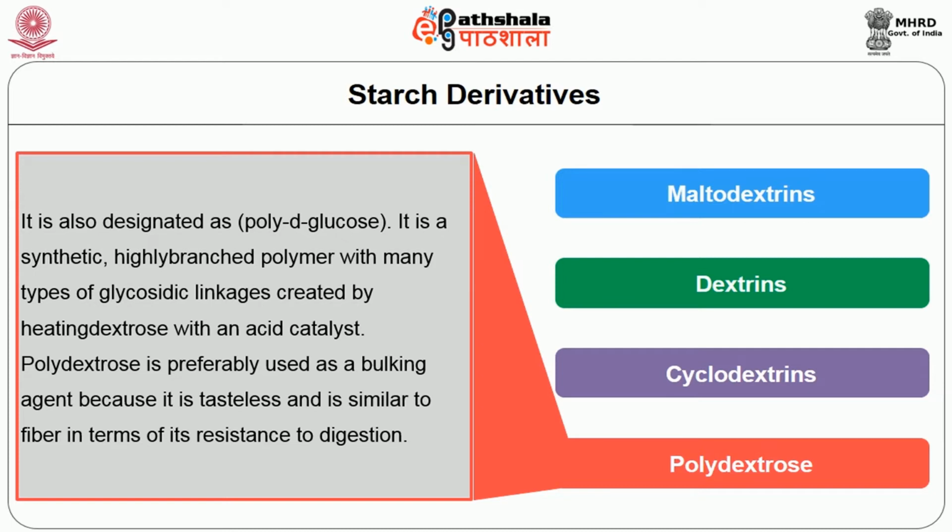It is a synthetic, highly branched polymer with many types of glycosidic linkages created by heating dextrose with an acid catalyst. Polydextrose is preferably used as a bulking agent because it is tasteless and it is similar to fiber in terms of resistance to digestion.